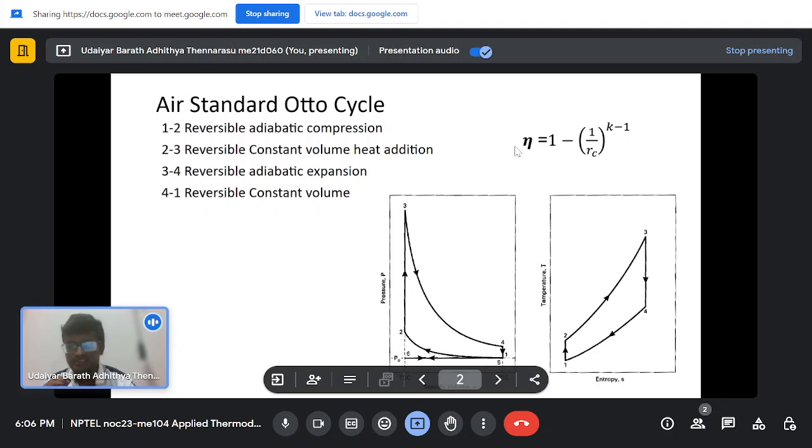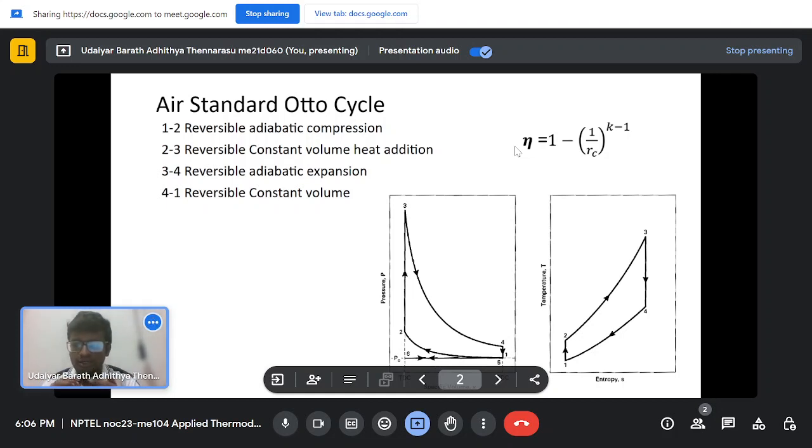This estimate will be higher compared to the actual cycle, because of the assumptions. We also assume the cycle is a reversible process, so adiabatic expansion is a reversible isentropic process. So we assume a reversible ideal cycle.